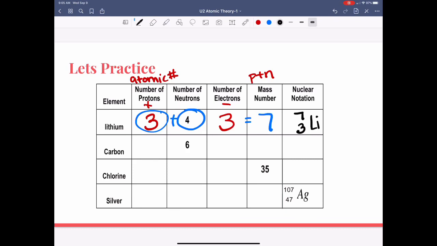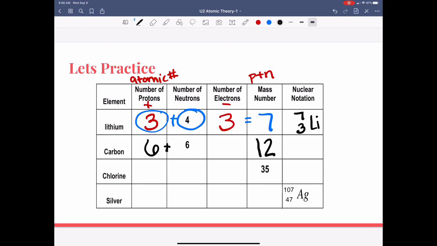Let's look at carbon. Atomic number for carbon, the number of protons, is 6. This time they gave me the number of neutrons again. So 6 plus 6 would give me protons plus neutrons, which is my mass of 12.